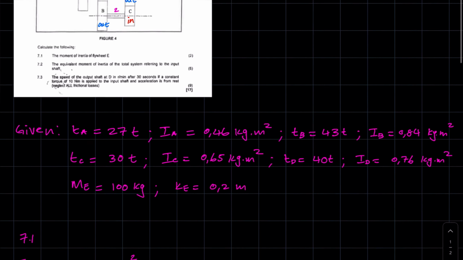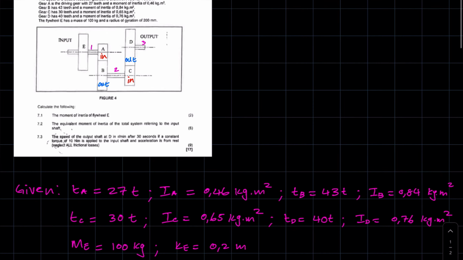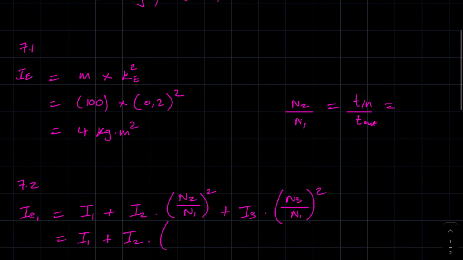The gears bringing these two shafts together: the one that is in is gear A, and the one that is out is gear B, meaning this would be TA divided by TB.